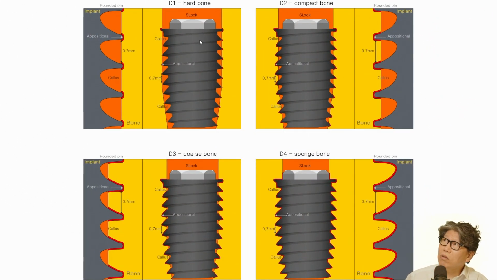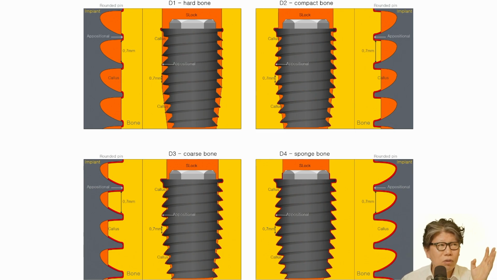In the case of D1 bone, almost all of it has been cut away. The implant site preparation, meaning the diameter of the osteotomy, is close to the diameter of the implant. However, since the bone is strong, even just a little contact at the end leads to good primary stability.